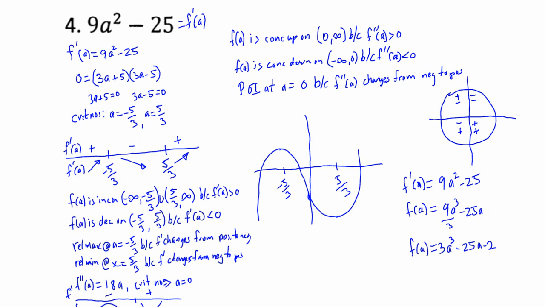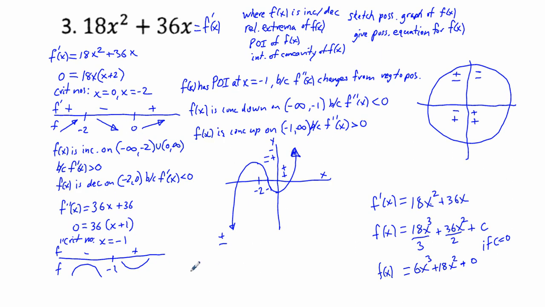So anyway, that's it. Let me go back to that other one where I neglected to do the relative. We have a relative max at x equals -2 because f prime of x changes from plus to minus, right?